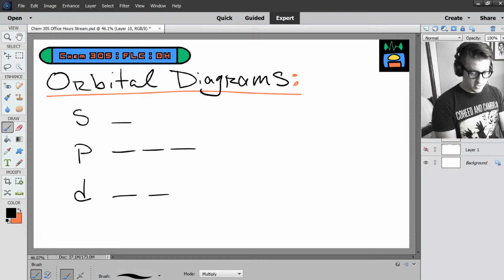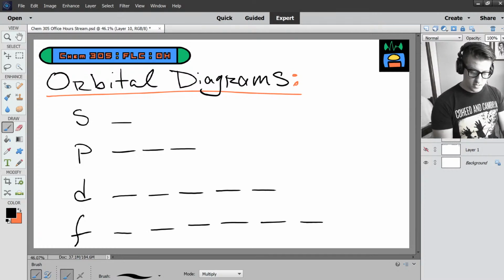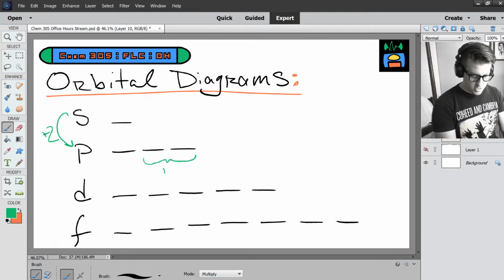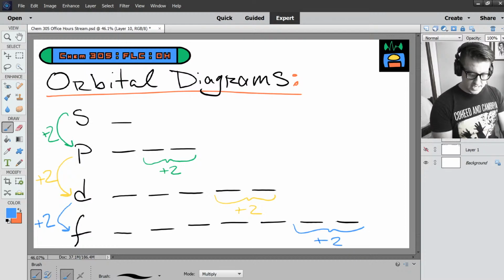And for the D block, there are 5. Just out of completeness, for the F block, there are 7. As you move from subshell to subshell, it's always plus 2. So the P has 2 more than the S. The D has 2 more than the P. And the F block has 2 more than the D block.